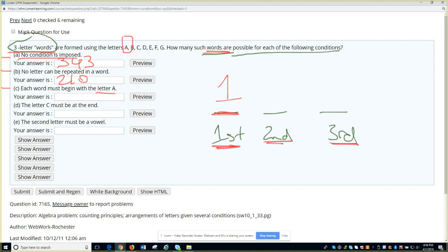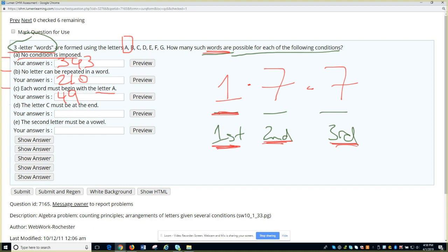However, it doesn't say that you can't pick that letter again for the second and third choice. So for the second and third choice, you have all 7 to work with. There's no restriction there. So 49 is your total in that situation, because 1 times 7 times 7 is 49.